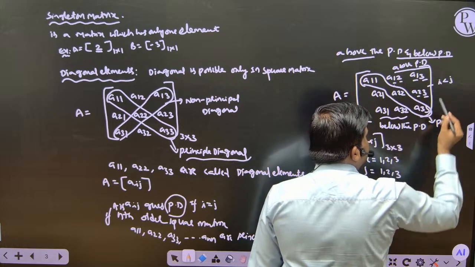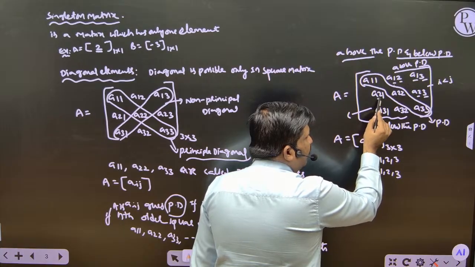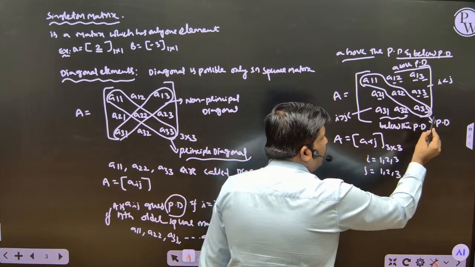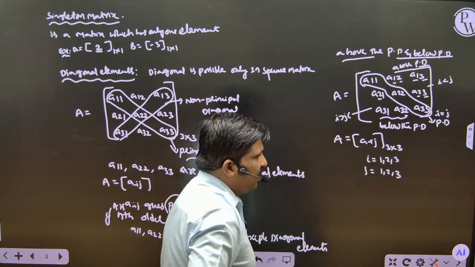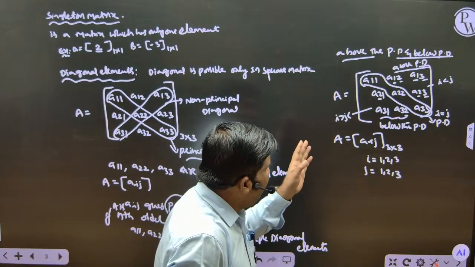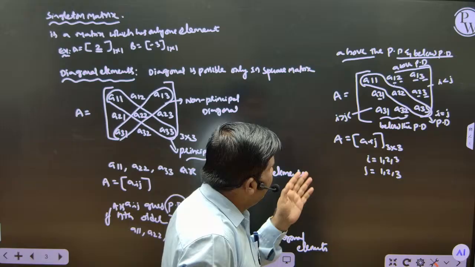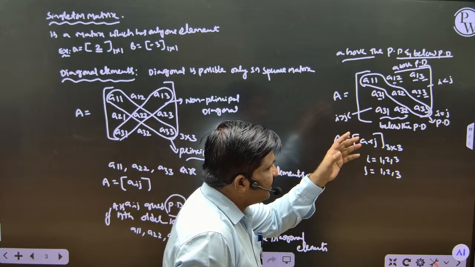In these cases, i is less than j. In these cases, i is greater than j. On the principal diagonal, i is equal to j. So if the elements are on the principal diagonal, i is equal to j. If the elements are above the principal diagonal, i is less than j.